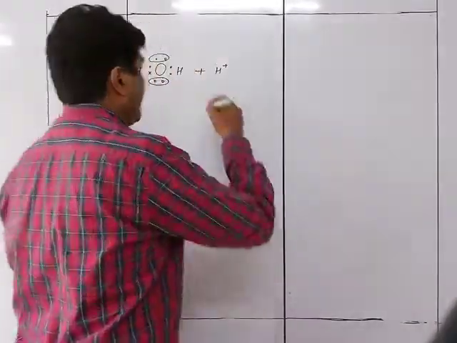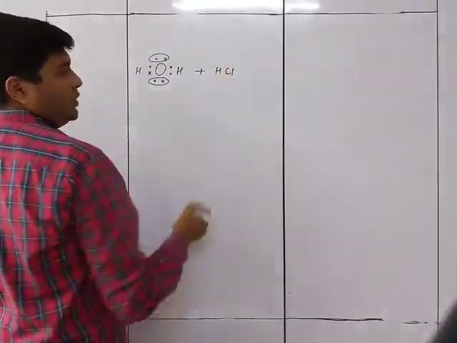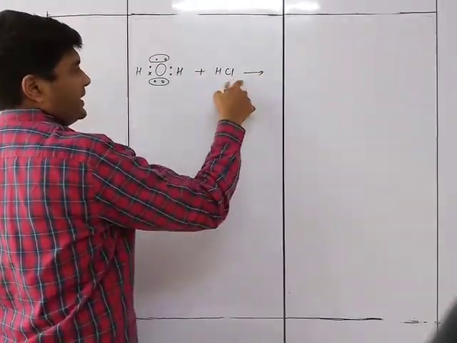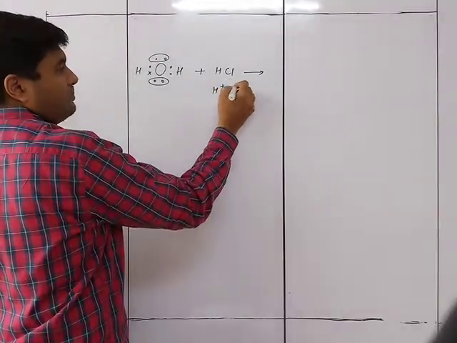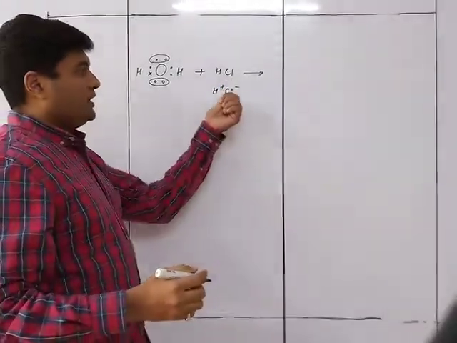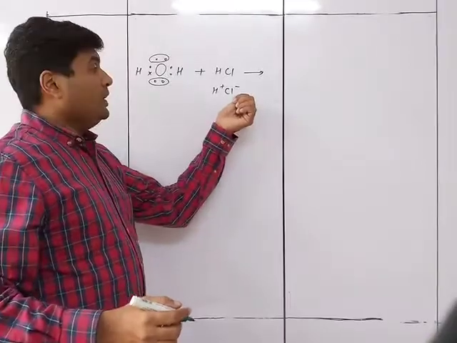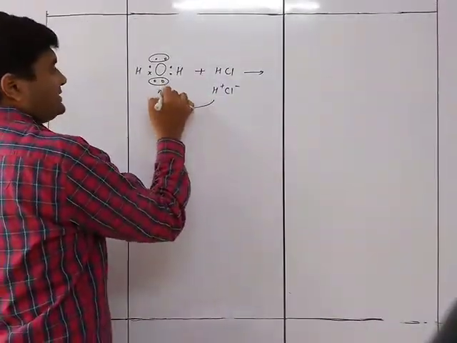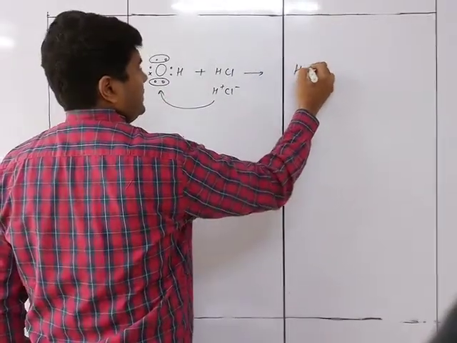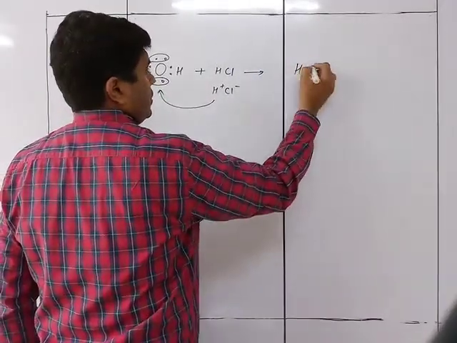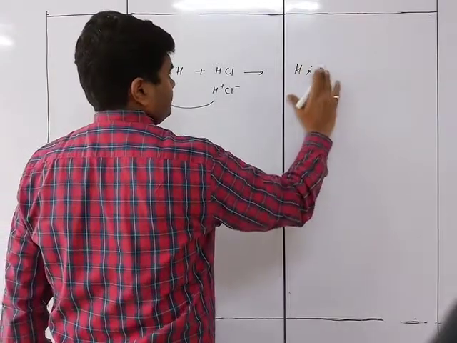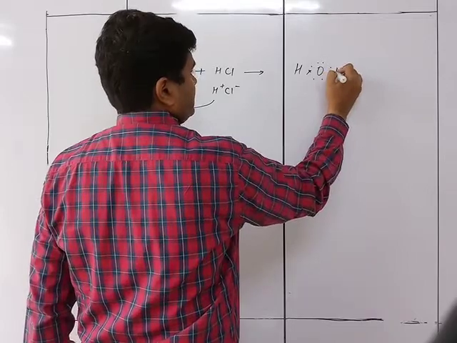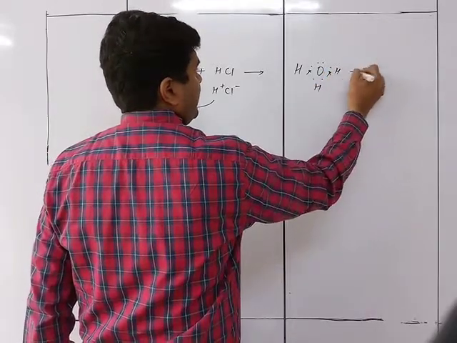So there is an HCl over here. This HCl is going to turn in such a way that it becomes H plus and Cl minus, because it is going to give away its electron to chlorine. So this becomes H plus, and that H plus is going to come and settle over here. It forms H, O with dots and crosses, H, and here H, and then plus Cl minus.